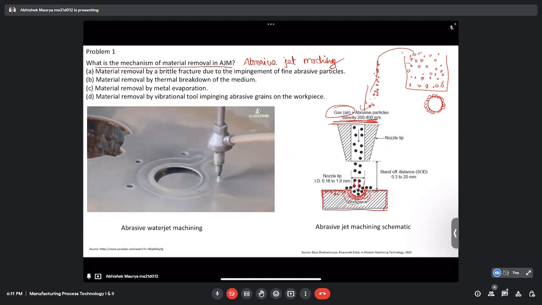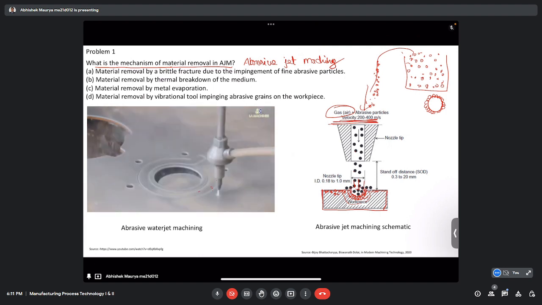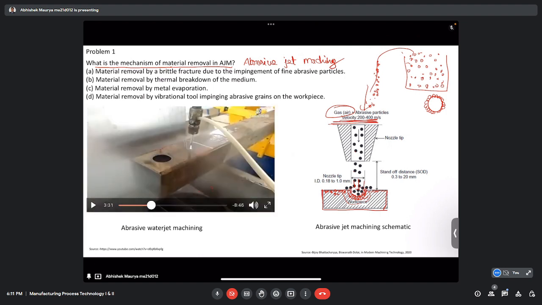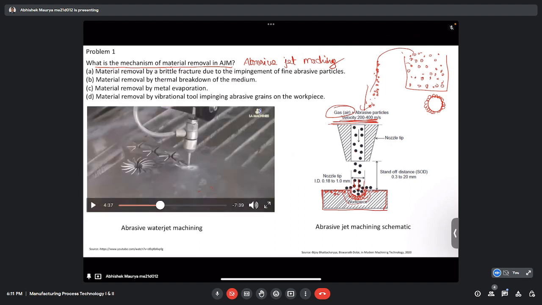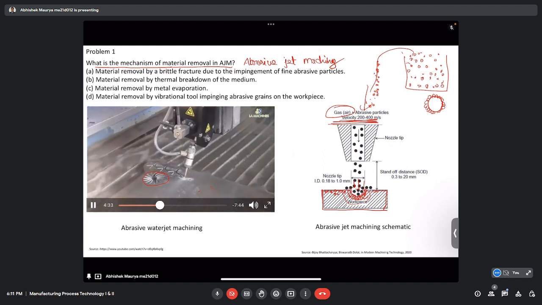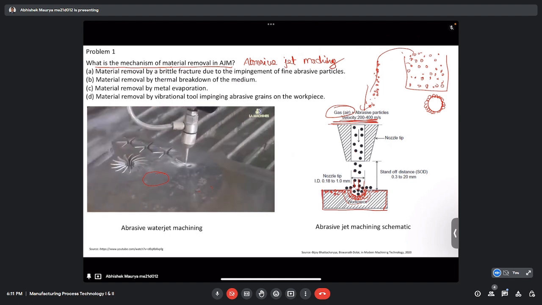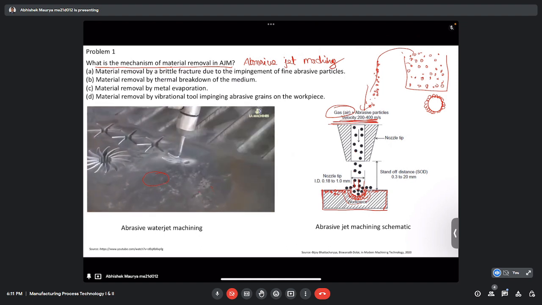It is coming and cutting the plate. Likewise, there are some difficult to make shapes. You can see these. This shape is not easy to make. You can see how it is making.